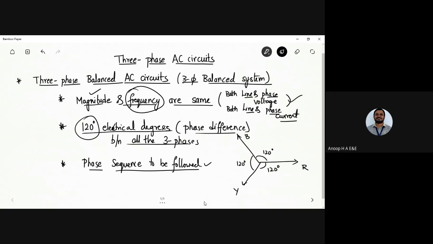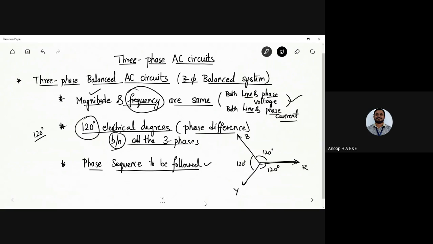If I take R as a reference, Y is lagging by an angle of 120 degrees and B is lagging by an angle of 240 degrees with respect to R. But between all the three phases, there is a 120-degree phase displacement. That is the electrical degrees, said to be 120 degrees as the phase difference.